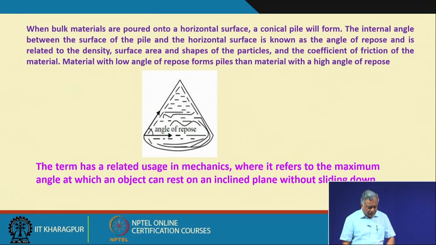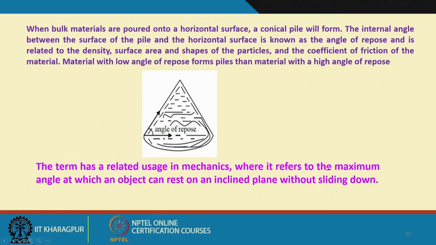In another case, in mechanics, it refers to the maximum angle at which an object can rest on an inclined plane without sliding down. Like if I have an inclined plane and a car in a neutral position, what is the maximum angle at which it can stand still because of its center of gravity?